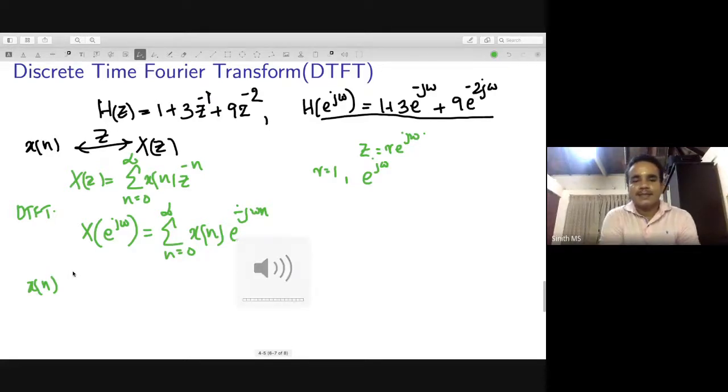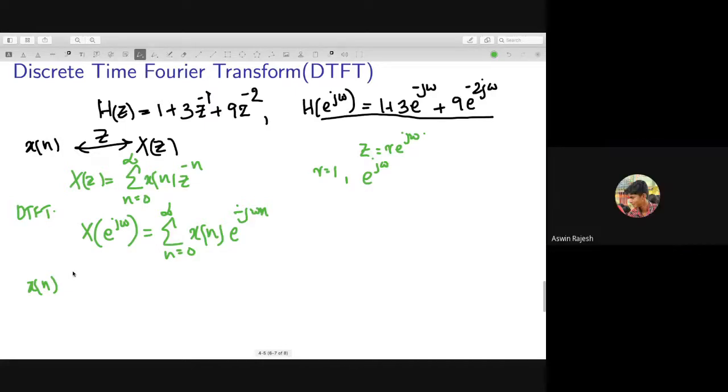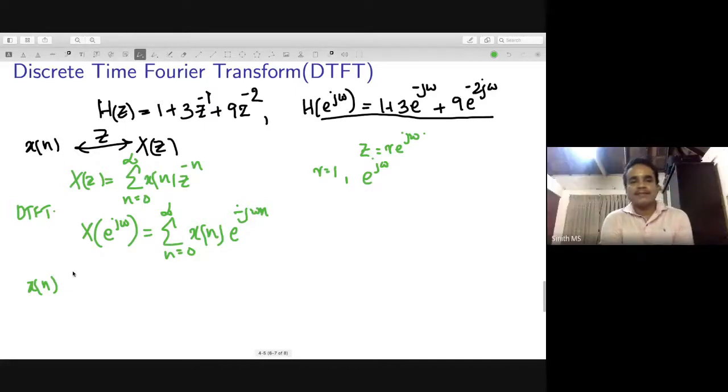If a signal is discrete in one domain, what happens in the other domain? Periodic. Definitely, it is periodic in the other domain. So X(e raised to j omega), which is the frequency domain representation of xn, will be a periodic signal.